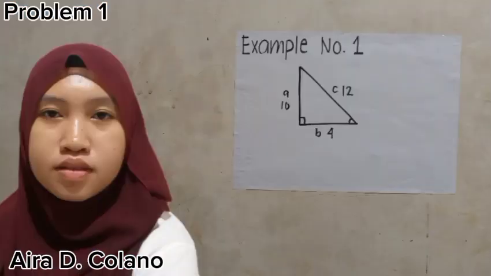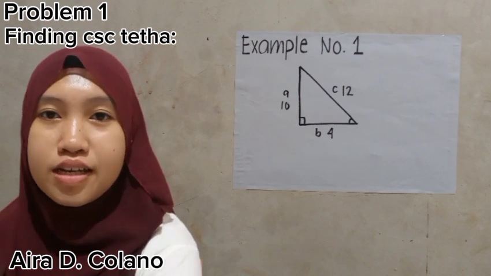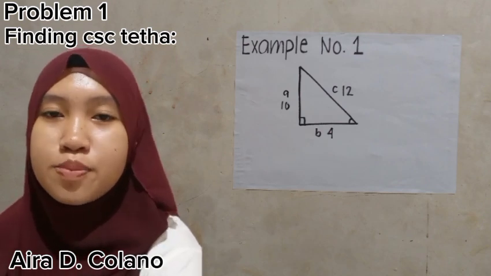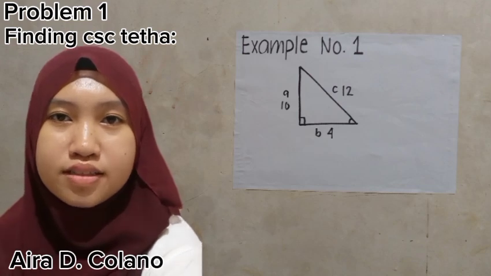Good day everyone, I am Ara Dicolani and I'm here to continue the discussion about the six trigonometric ratios. Let's take a look at example number 1. Since it was a complete given, let's proceed in finding the cosecant of this right triangle.